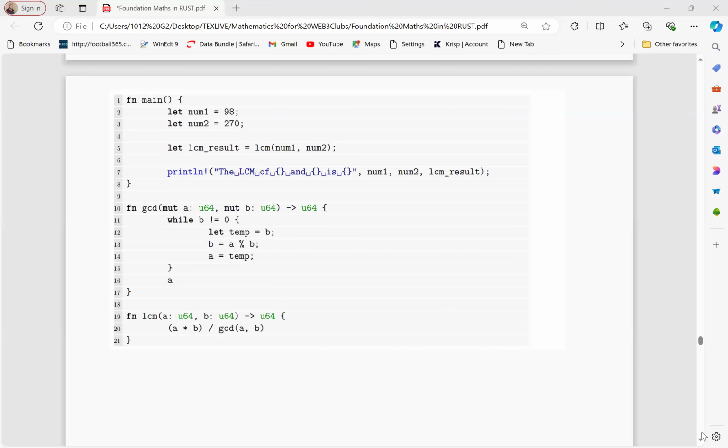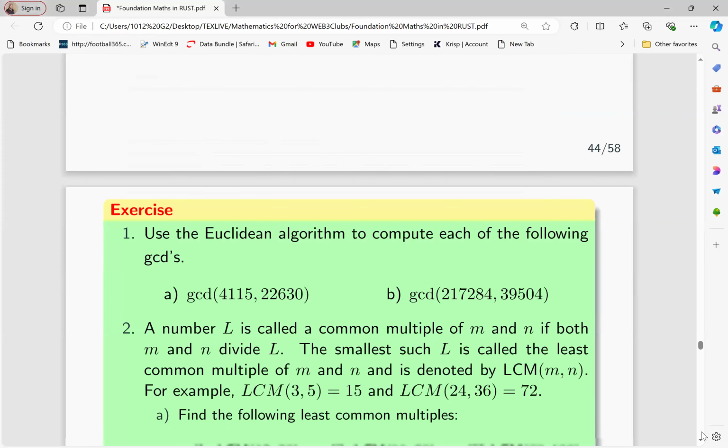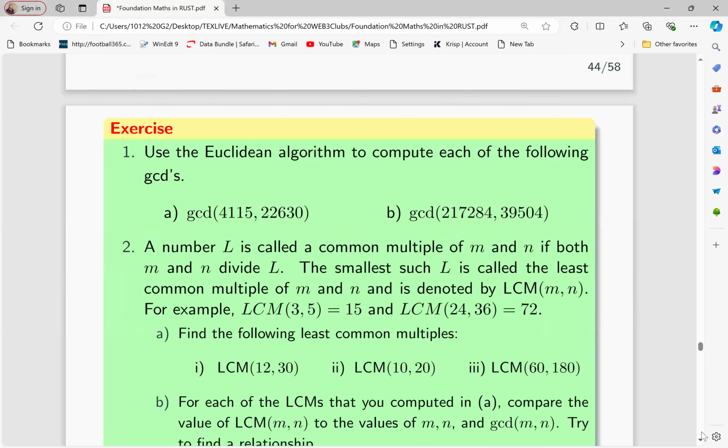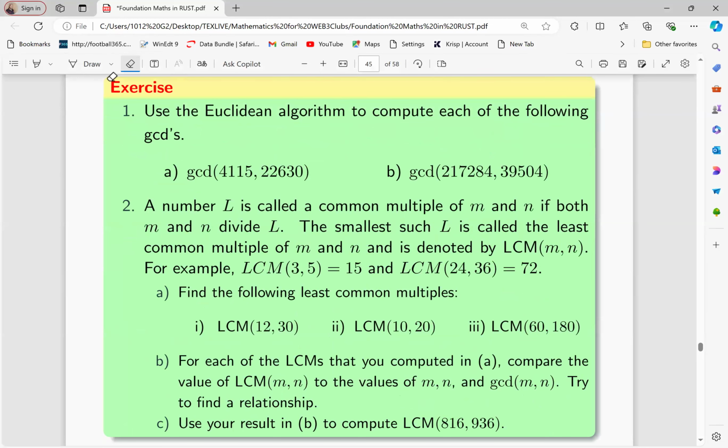Good. So there's an assignment here. The assignment says use the Euclidean algorithm to compute the following GCDs. So you can do that. You write the code and try to do that, and then also write the code for the LCM and do the following questions.